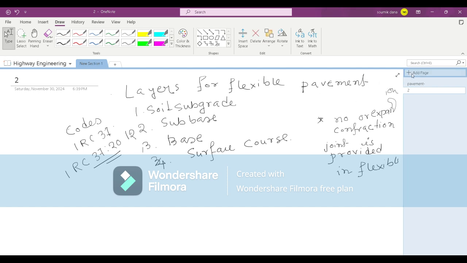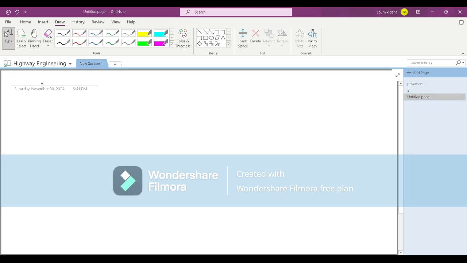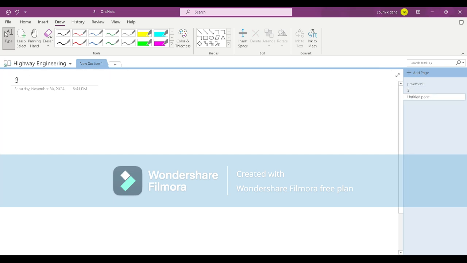Now let us discuss the layers. What are the layers? Basically, this is the surface course.